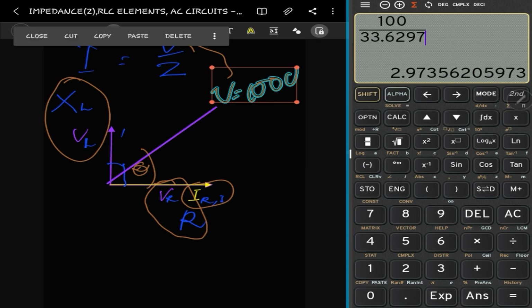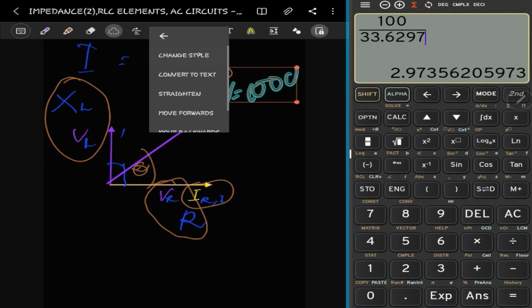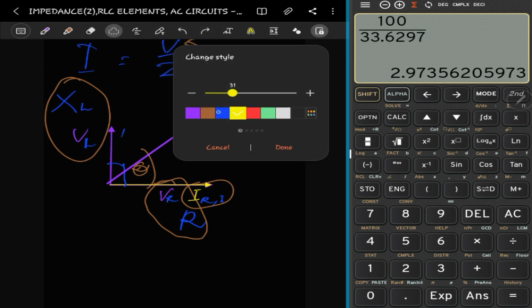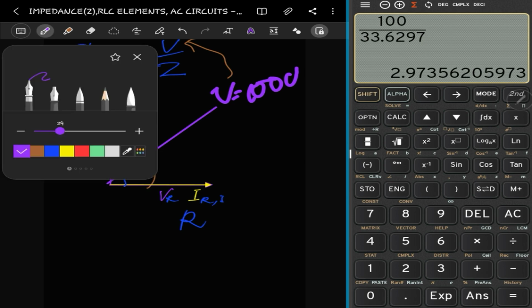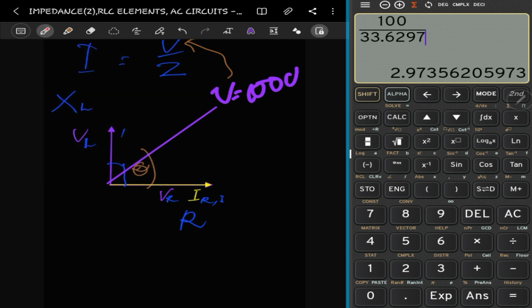So we are simplifying the whole circuit in phasors. The Z, which was opposing the flow of current in the circuit, is in line with the V. So there's the summary of the whole circuit using phasors.